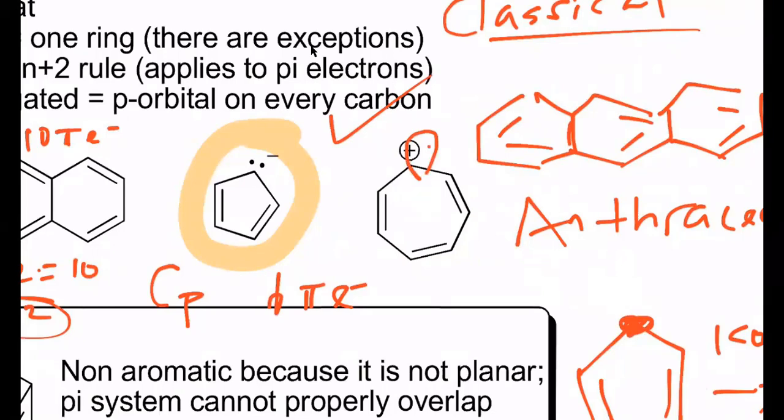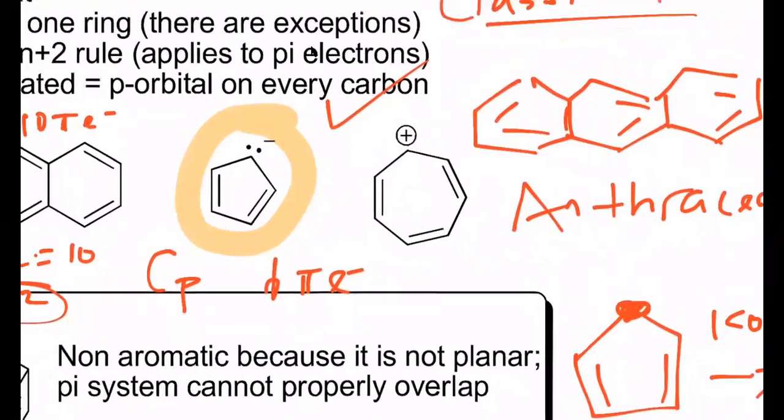If there's a plus charge on a carbon, what that means is that it has an empty p orbital. Because what's the hybridization state of that carbon? Anybody? If it's positively charged, and there's a hydrogen there that's not shown. It's sp2. So that means it has an empty p orbital on that carbon.